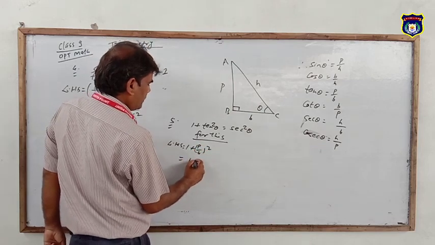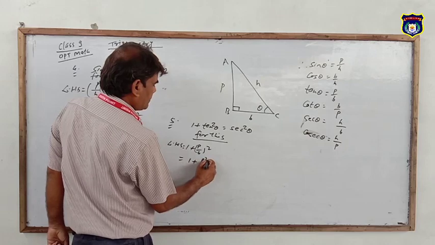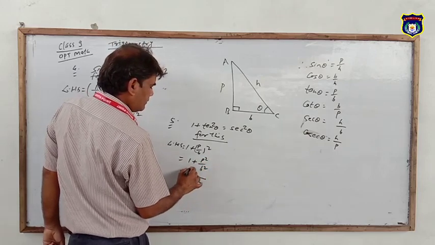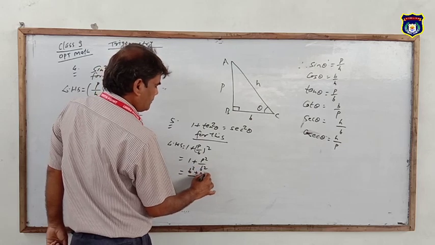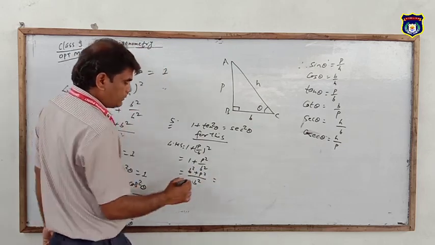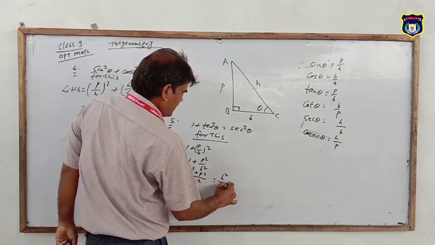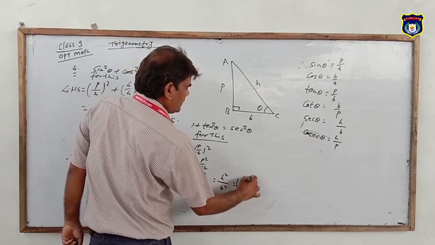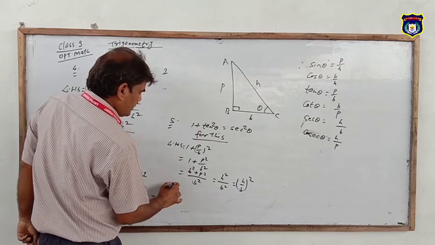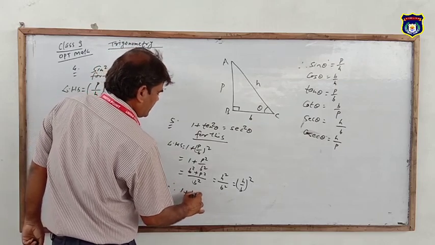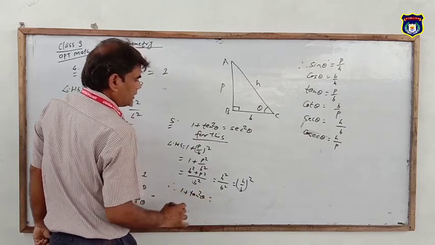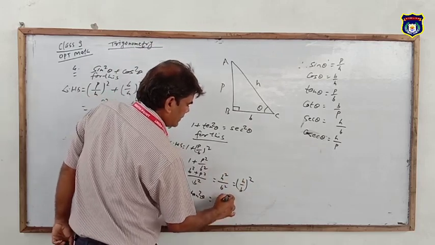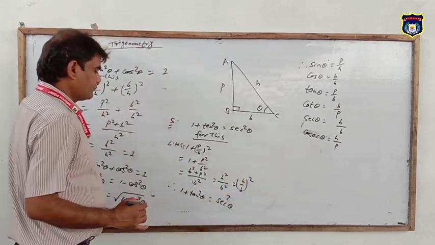So this is 1 plus P square by B square, and the LCM is B square, so B square plus P square. B square plus P square is H square by B square. This is H by B square. Therefore 1 plus tan square theta is equal to H by B, which is sec square theta.